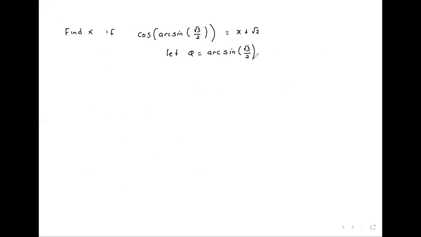Arc sine is the same as saying sine inverse of root 3 over 2. So this is theta. So sine theta is the same as root 3 over 2. I'm sure you understand why I'm saying sine theta.